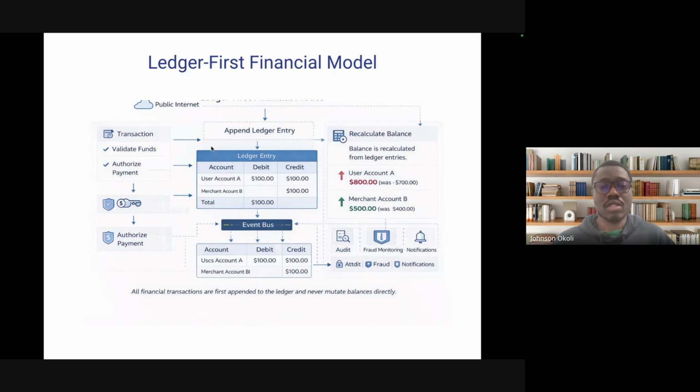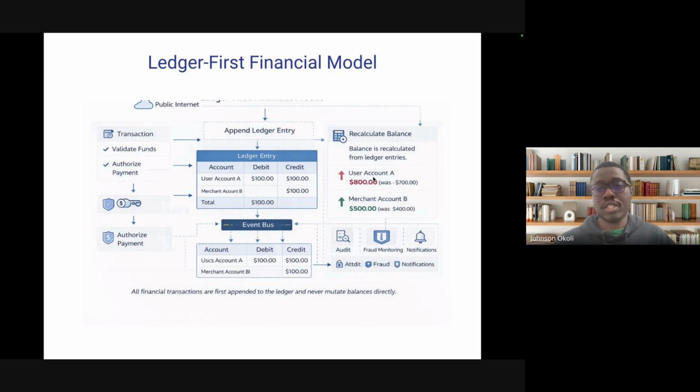So this is what the ledger looks like: a double-entry ledger. You have the debits, you have the credits. This is a simple transfer, where user A is making a transfer to user B. This is the events box that keeps track of the activities being done on the system. For this particular one, it's initiating a debit and a credit.